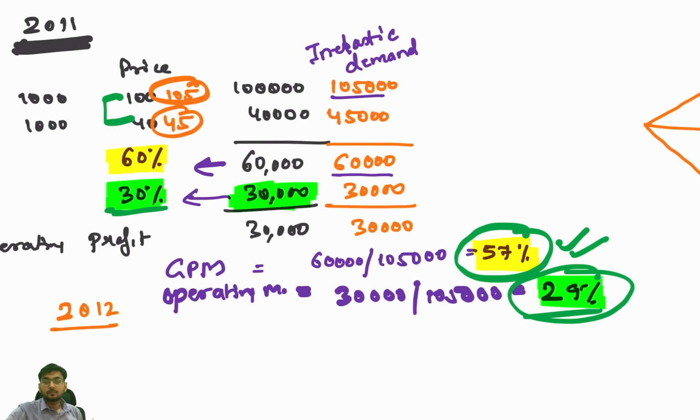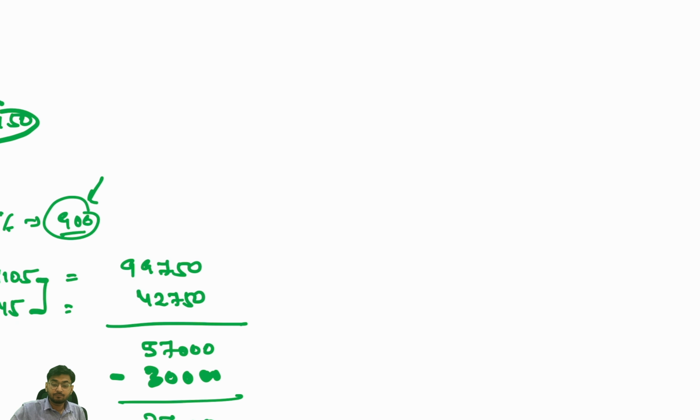So now if there is inflation, a rise in the price of input cost. Clear? In which situation can I say that I can maintain the same operating margin? That's the question. Okay. So if your selling price is 106.50, you are selling 1000 units.